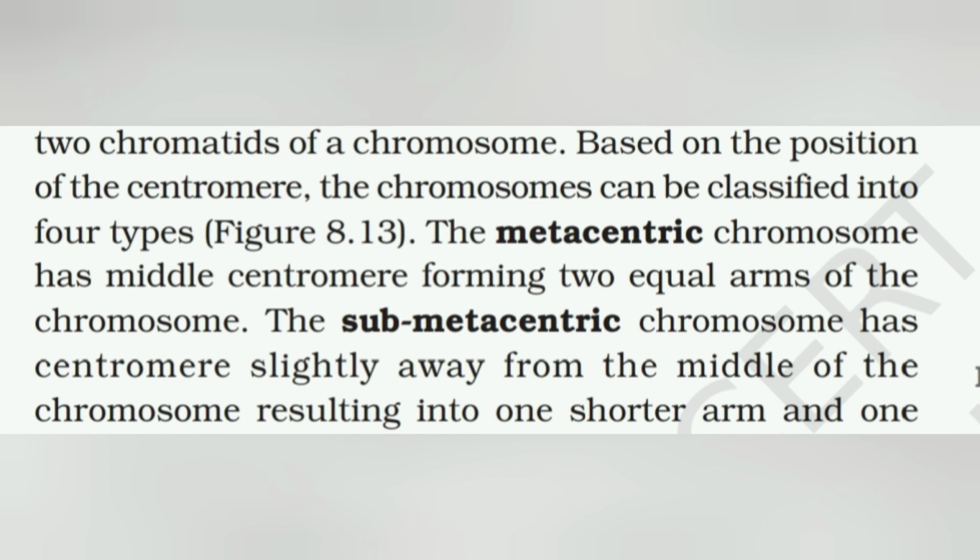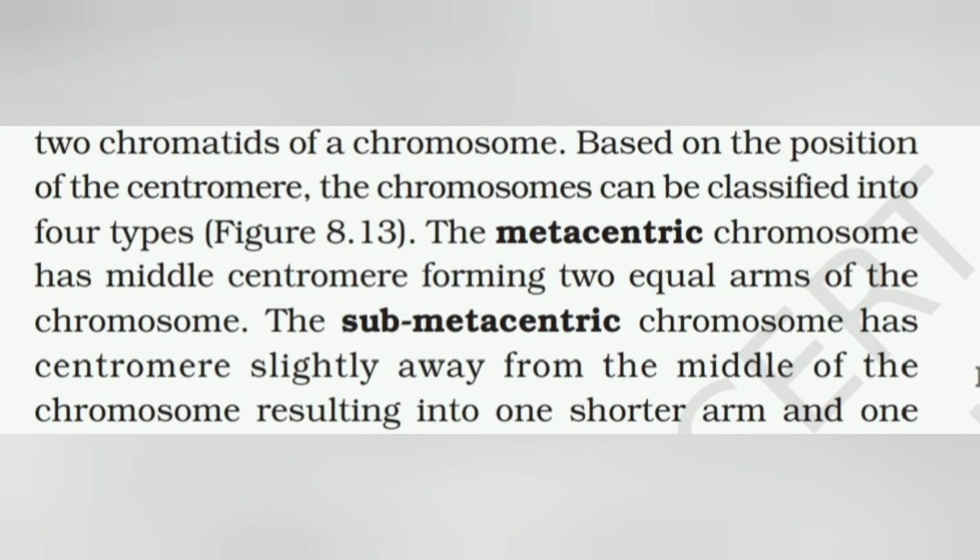Based on the position of the centromere, chromosomes can be classified into four types. The metacentric chromosome has the middle centromere, forming two equal arms of the chromosome, while the submetacentric chromosome has the centromere slightly away from the middle of the chromosome, resulting in one shorter arm and one longer arm.